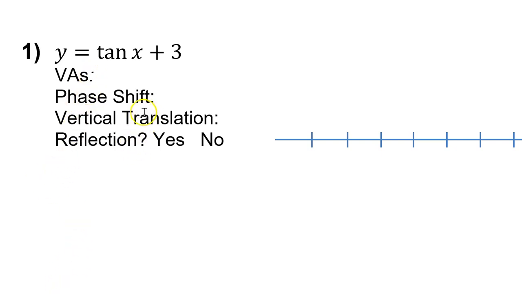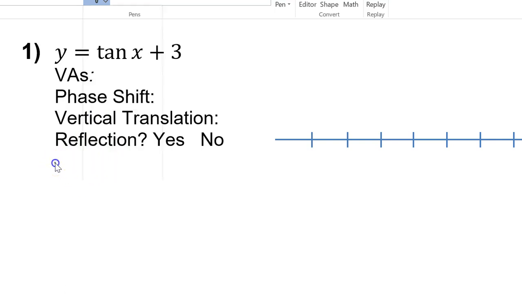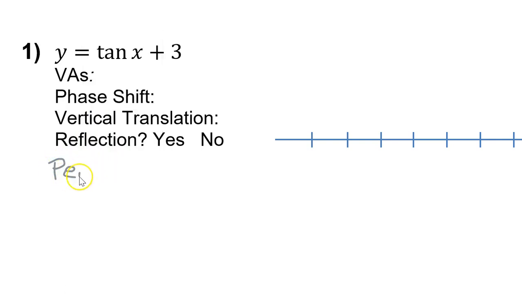Okay, so one thing that we used to do is we would start with the period. Now, I'm not seeing period on this list, but we kind of need the period, so I'm going to go ahead and add it to the list. The period is always going to be the normal period divided by b.